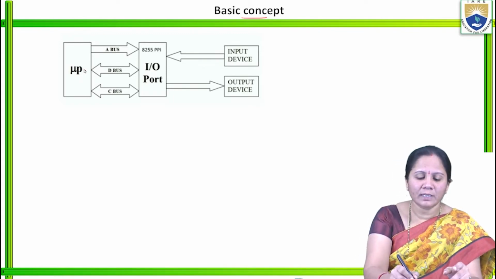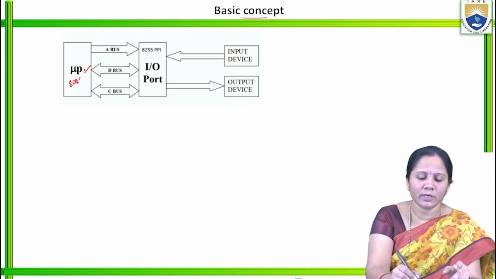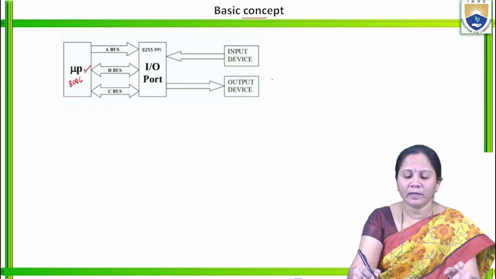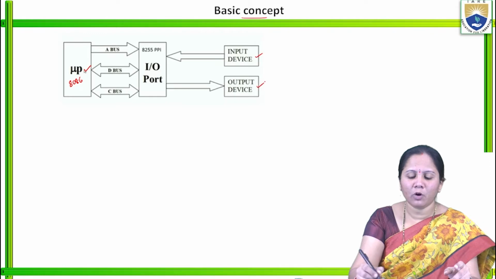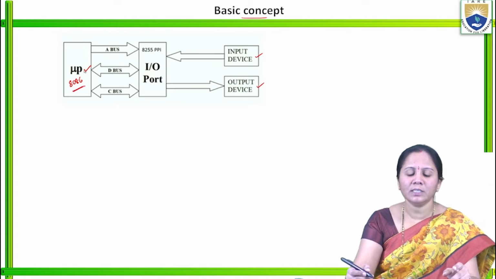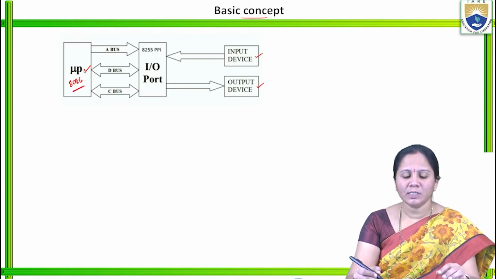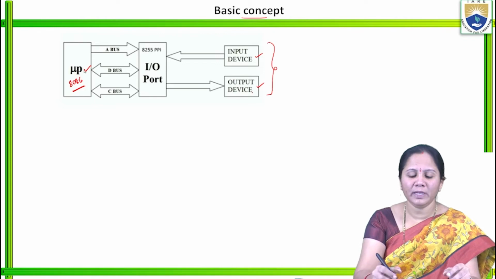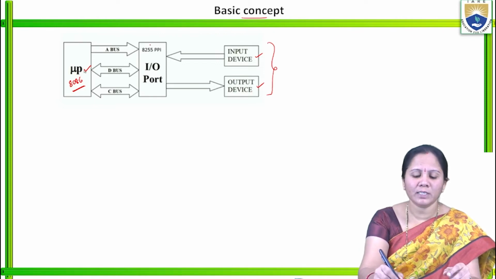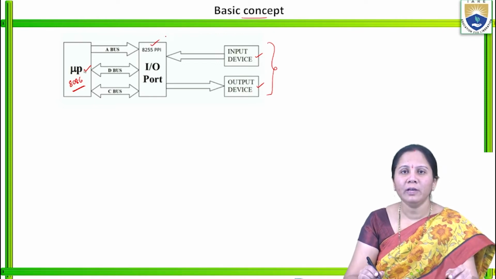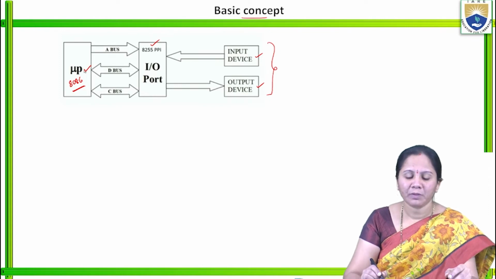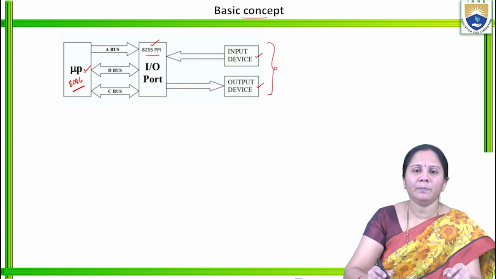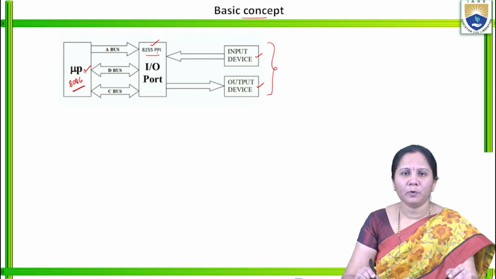So if we consider here, this is a microprocessor, let us say this is the 8086 microprocessor, and we need to connect input or output devices to it. Since 8086 does not have I/O ports, the input or output devices should be connected to 8086 by using this 8255 PPI IC, because this 8255 PPI has I/O ports.